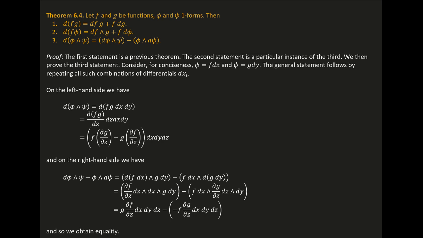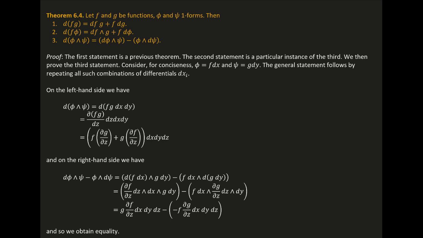On the right-hand side of statement 3, we have this difference of wedge products. Using the definition of phi and psi, we substitute into these wedge products. Then we use the definition of the exterior derivative on these 1 forms that we've substituted in.